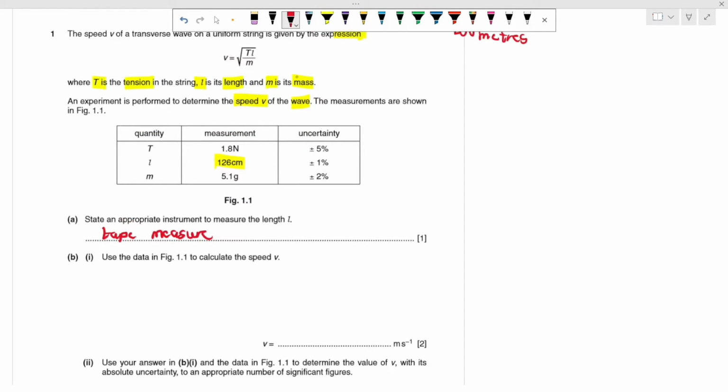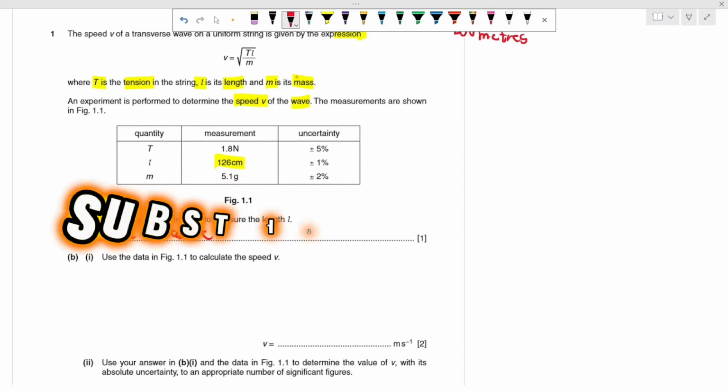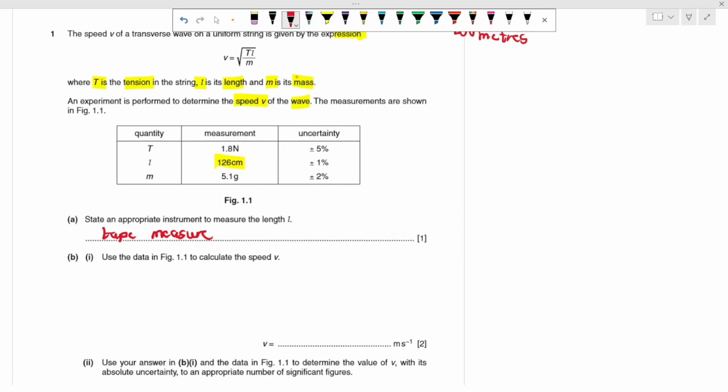Using the data in Fig 1.1, calculate the speed v. Okay, so this is just a matter of substitution, guys. You're getting marks just for substituting, right? Physics has never been so grateful. So we have v is equivalent to the square root of t times L divided by m.